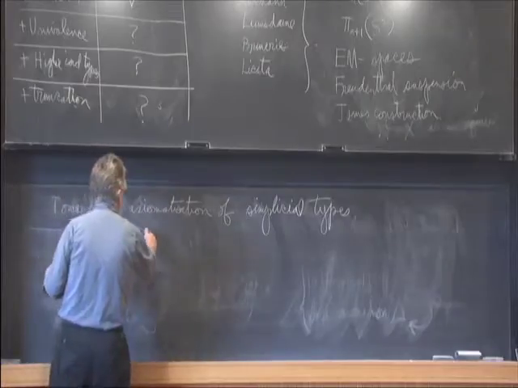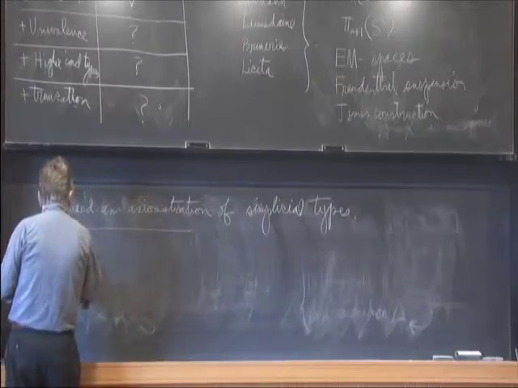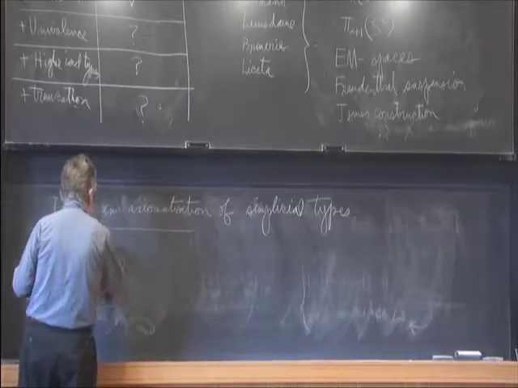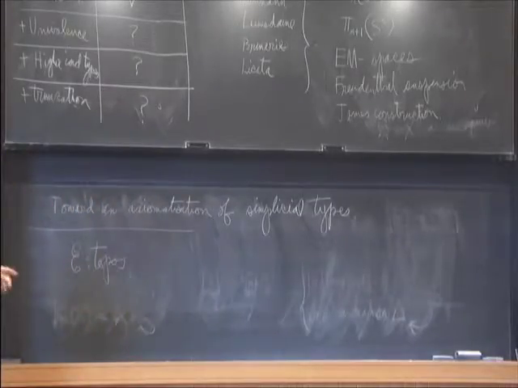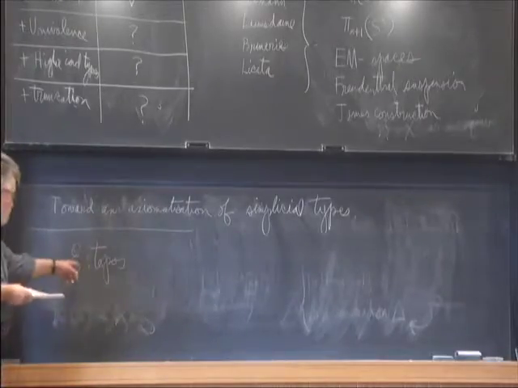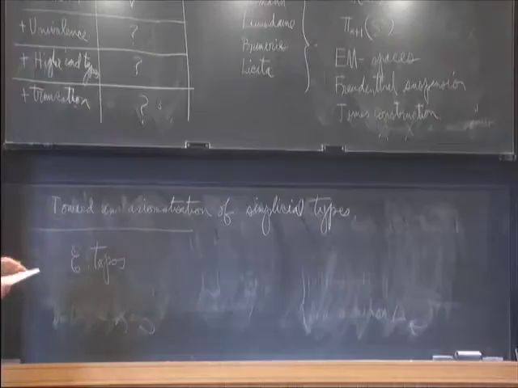Okay, so let's analyze a little bit. Suppose that E is a topos. I'm actually a category theorist, so I like to think in terms of topos. But it could be an infinity-topos if you like.